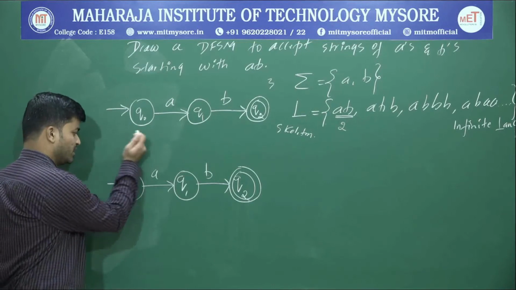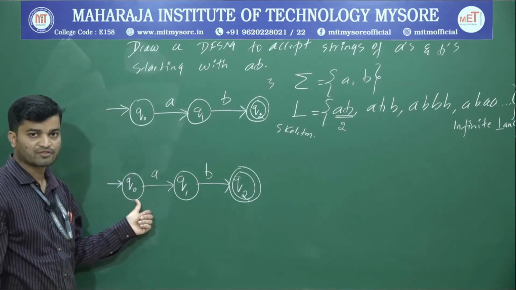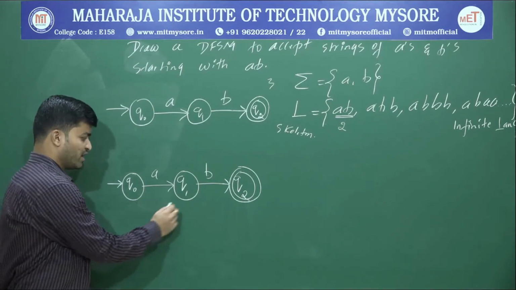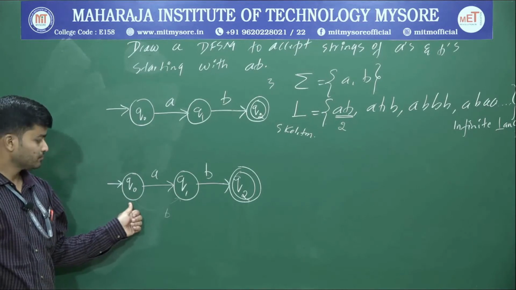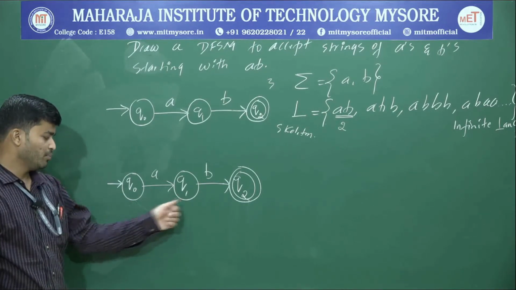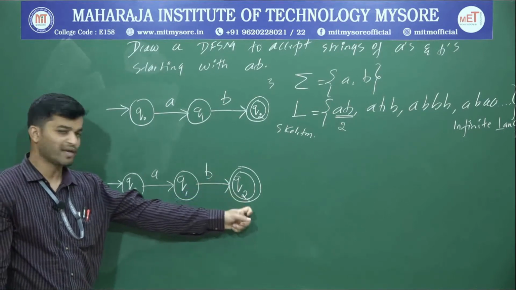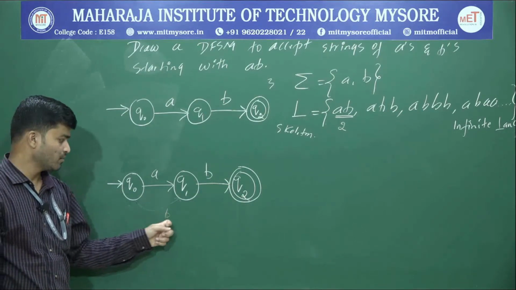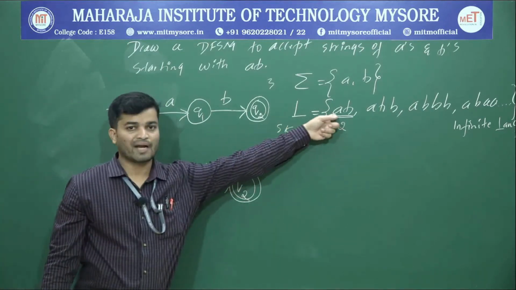If a loop is not a valid option, next try to connect with the next nearest state. For Q0, the next nearest state is Q1. If I connect here upon B, the string will start with B, then one more B, and that will be accepted. It would accept B, BB, but that does not belong to our language.